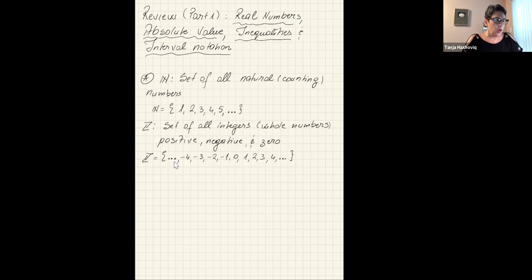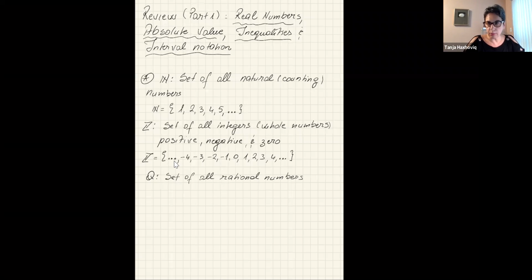All right. So another grouping of numbers is the set of all rational numbers. So what are those? I'm just going to write a loose definition of what we mean by a rational number, but we have seen rational numbers before.